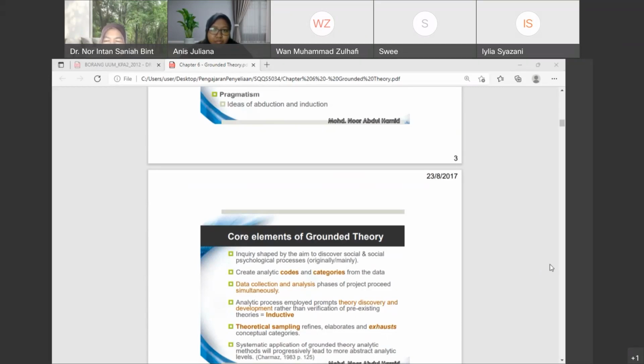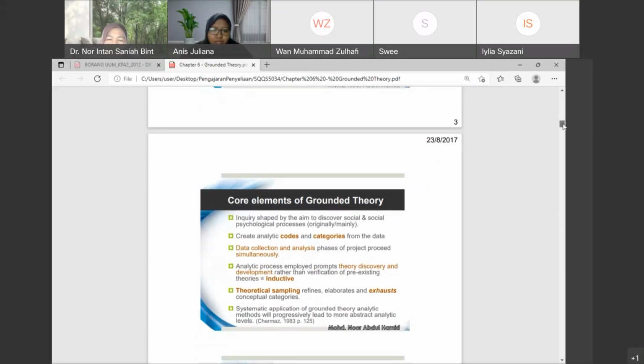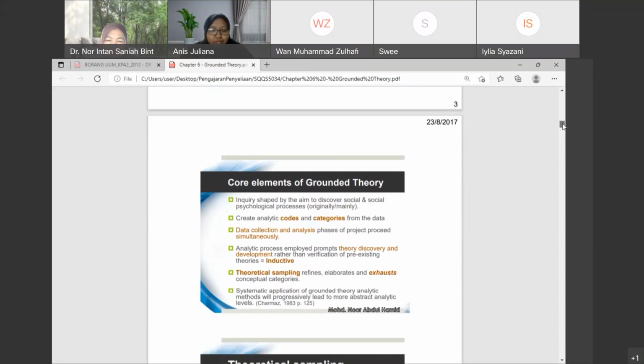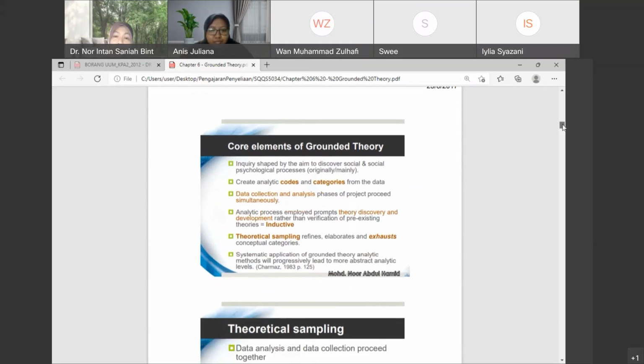So sometimes the question for the interview or survey also plays a role, because the data itself leads your analysis as well. Right. So that's why it looks like theoretical sampling. Alright, and then the systematic application of grounded theory itself will lead to an abstract analytic level.